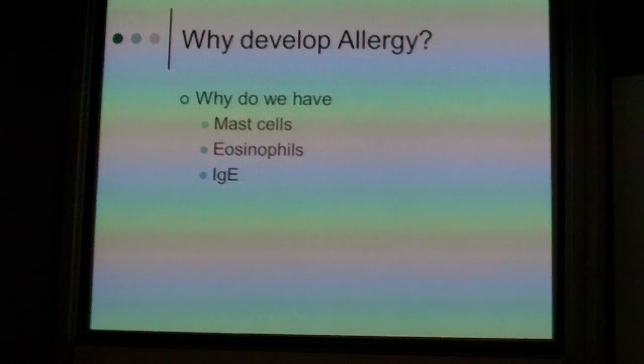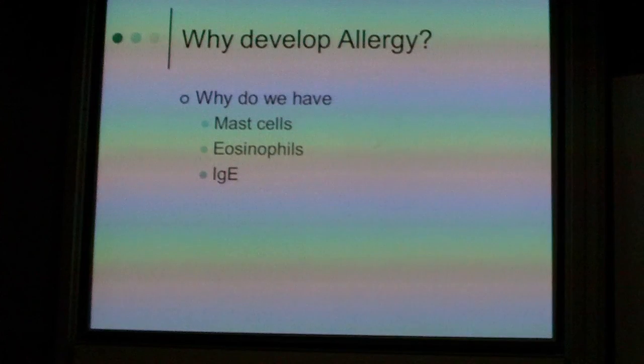Then we come to something which is a little bit more scientific. Why do we develop allergy? And of course, basically, why don't we develop allergy, and what is the mechanism behind that? Well, there are some aspects which are important for that, because the cells that are involved in an allergic reaction are not meant to drive allergy.